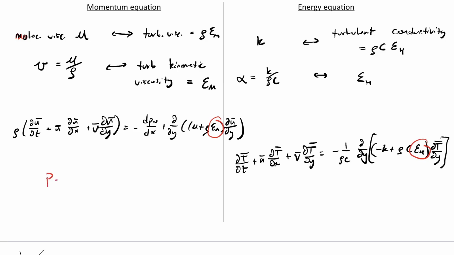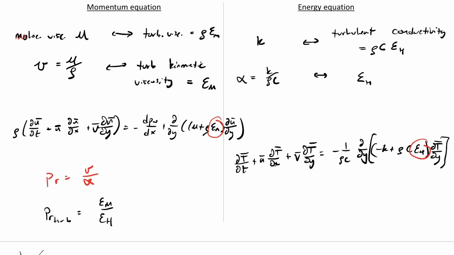Prandtl is mu over alpha, so our molecular Prandtl number is that. These two things are equivalent in the turbulent regime. So our turbulent Prandtl number is equal to epsilon sub m divided by epsilon sub h.